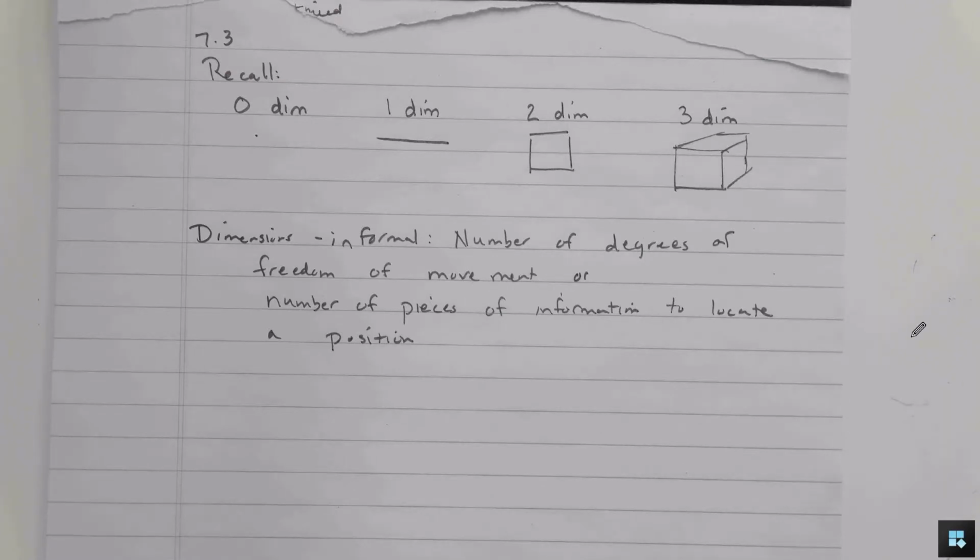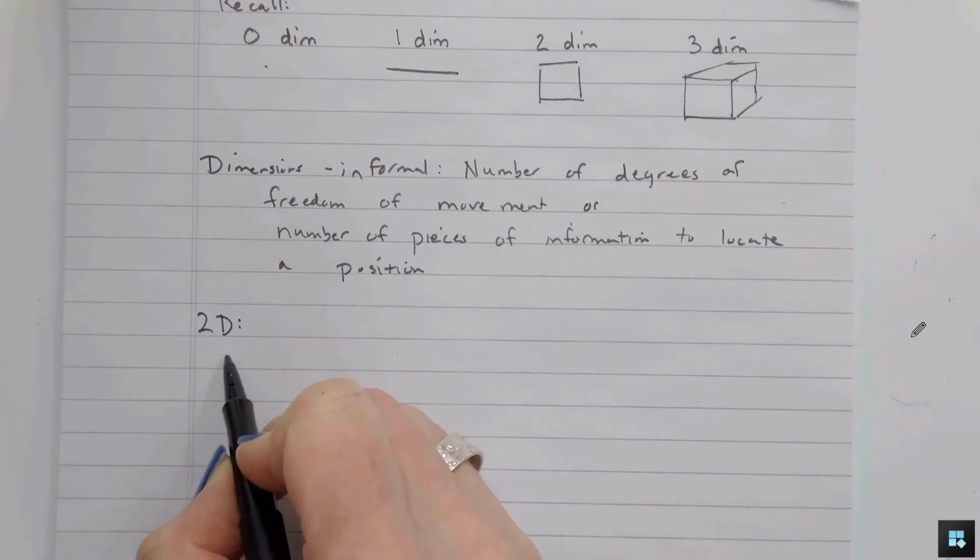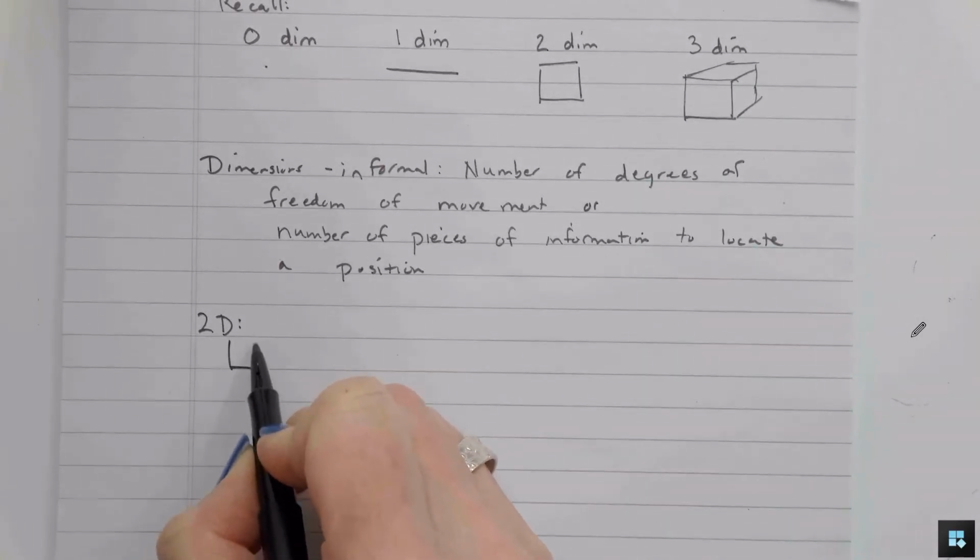So let's take a look at 2 dimensions. We have a square in 2 dimensions.